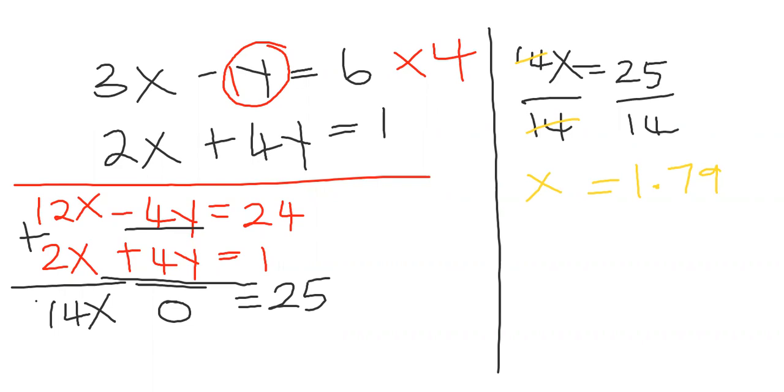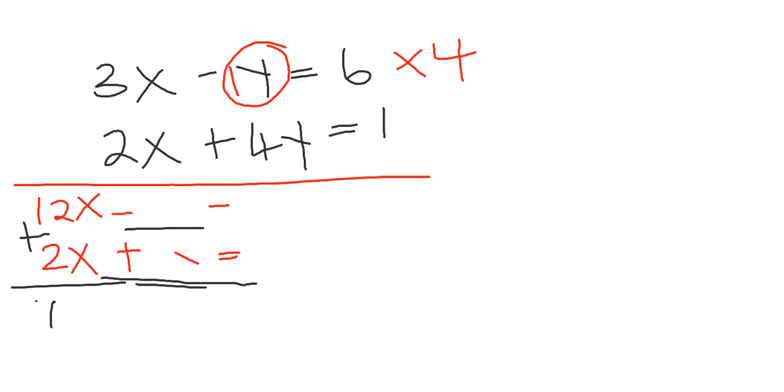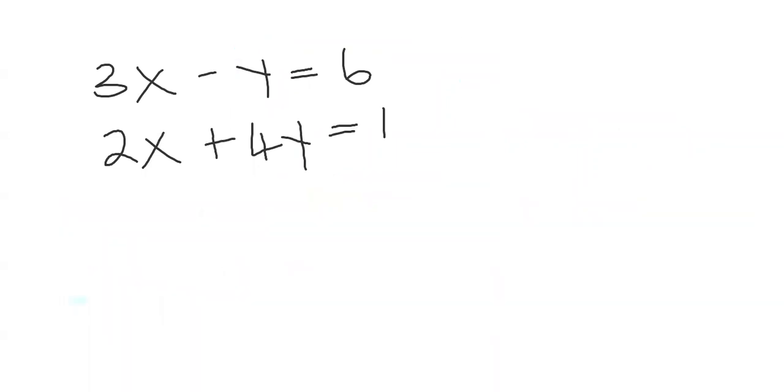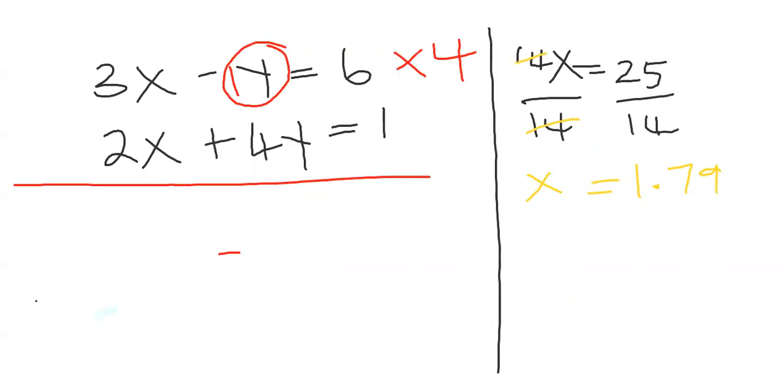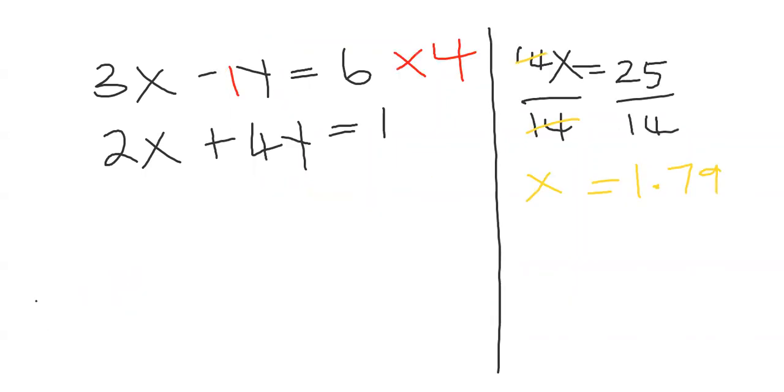So we do the same thing. After finding the value of your x, find the value of your y. You're going to pick any of the equations that you had before, and substitute the value of x that you have to get the value of y. So I'll choose that equation right now.